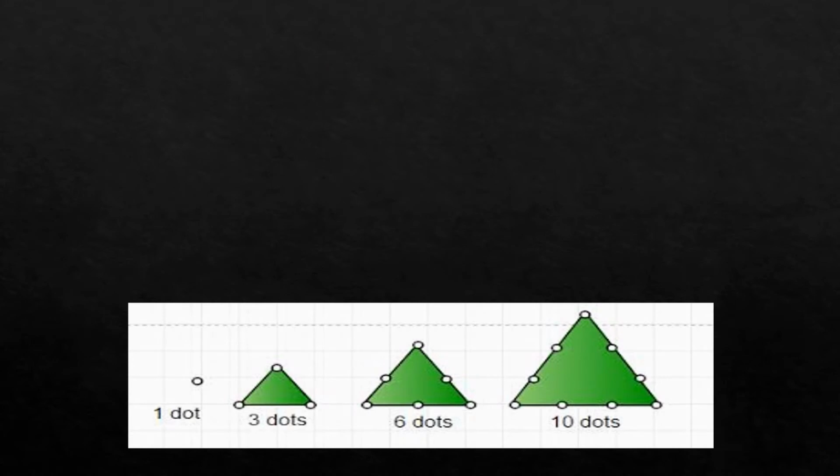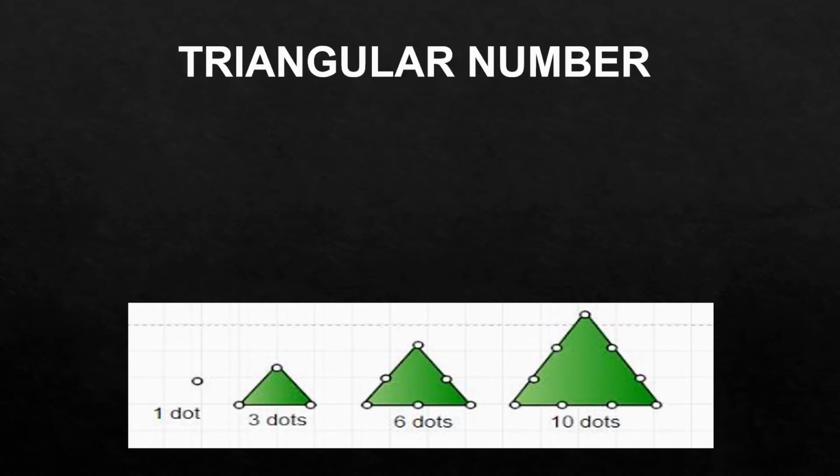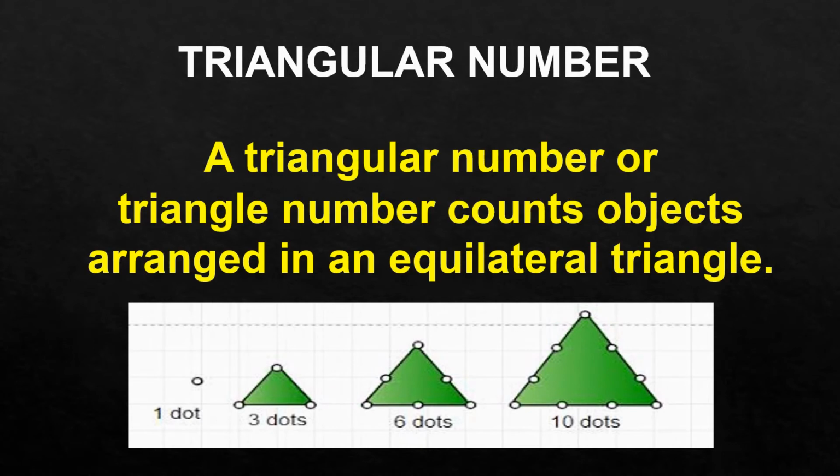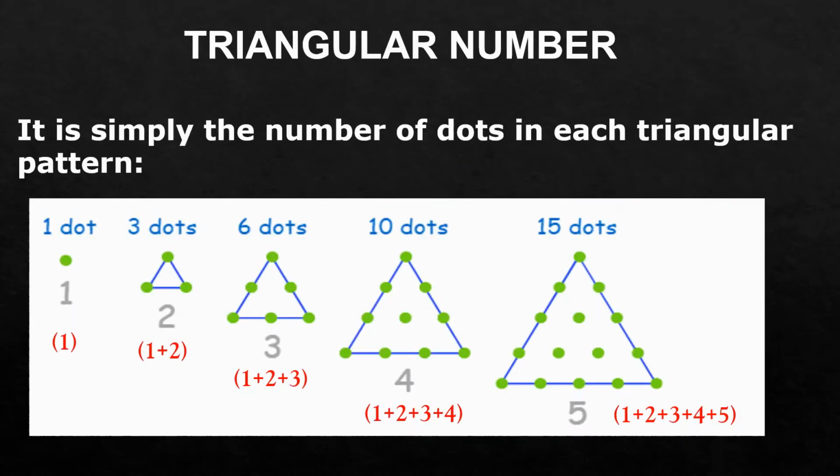Now we will see what are the triangular numbers. A triangular number or triangle number counts objects arranged in an equilateral triangle. So it is simply the number of dots in each triangular pattern. So here the first triangle has one dot.